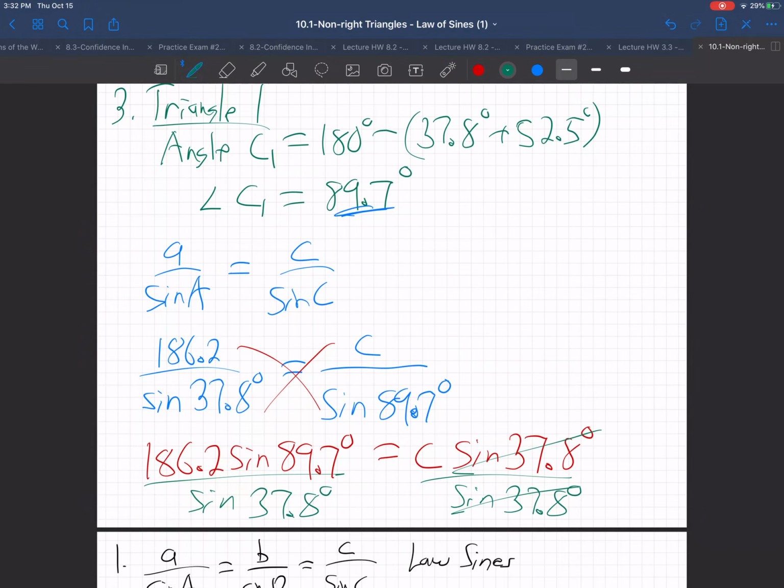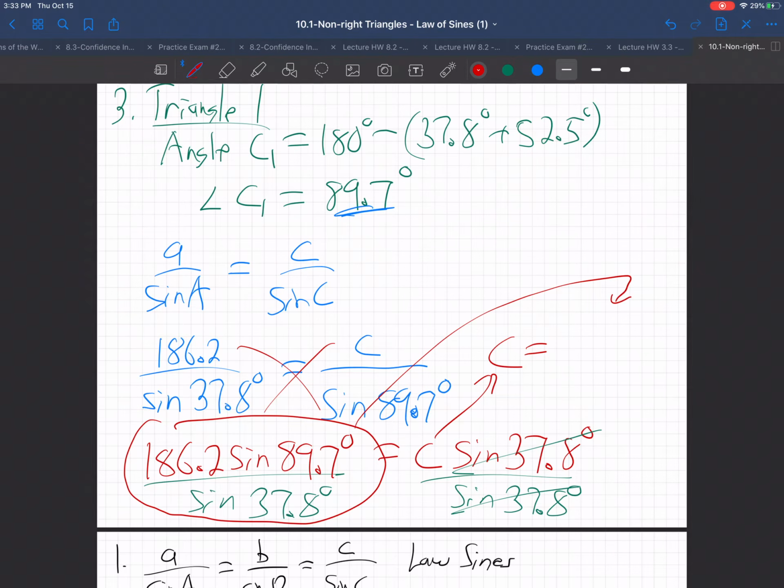Boom, boom. So little side c will equal whatever this comes out to be on our calculator: 186.2 times the sine of 89.7 divided by the sine of 37.8.